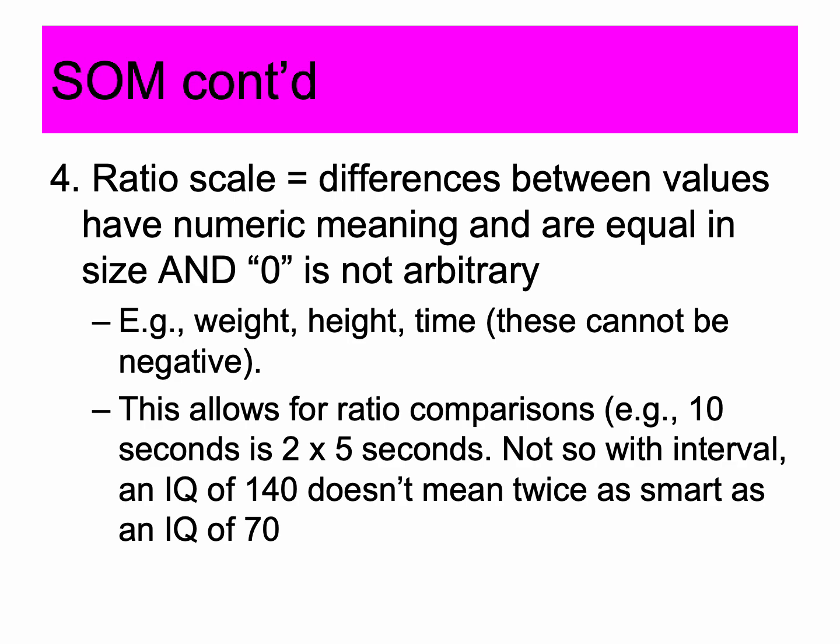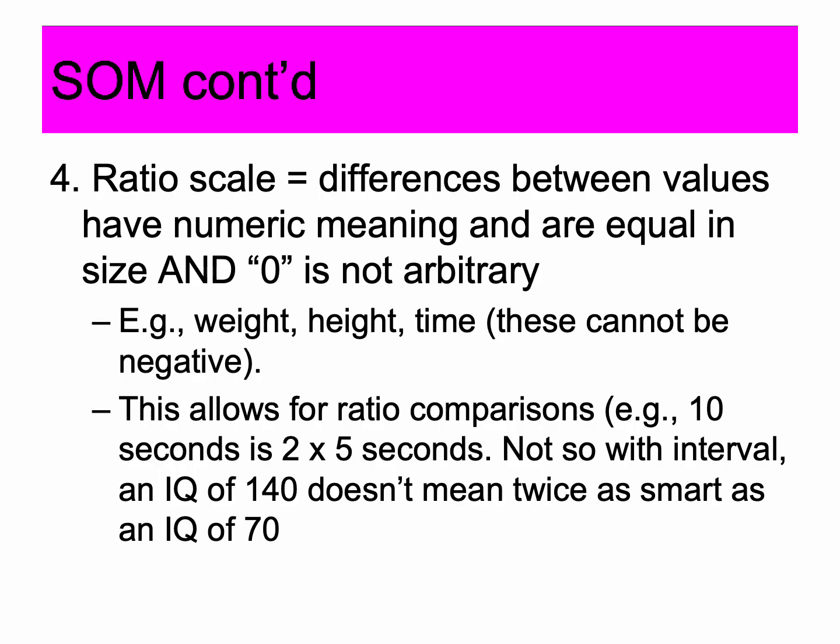Once you get to 0, that's it. There's no weight. 0 means actually a lack of that characteristic, no weight whatsoever. Height, 0, no height whatsoever, right? Seconds, 0 seconds, no time whatsoever. So 0 is not arbitrary with ratio data, but it also allows for ratio comparisons. And that's not true with interval data.